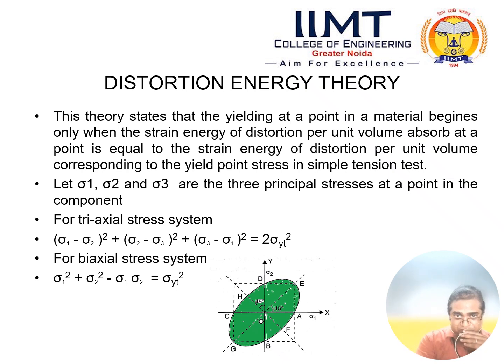For this elliptical shape, since this equation represents an ellipse, at 45 degrees in the anti-clockwise direction from the sigma 1 axis it is the major principal axis, and again at 90 degrees from it is the minor principal axis.